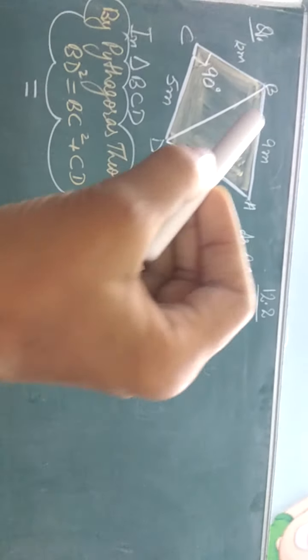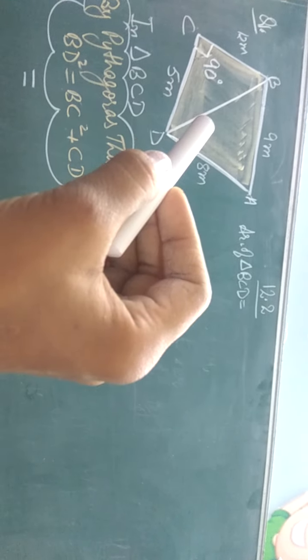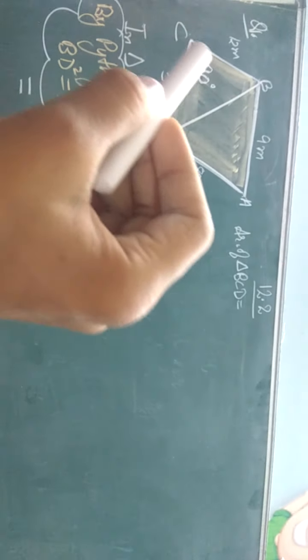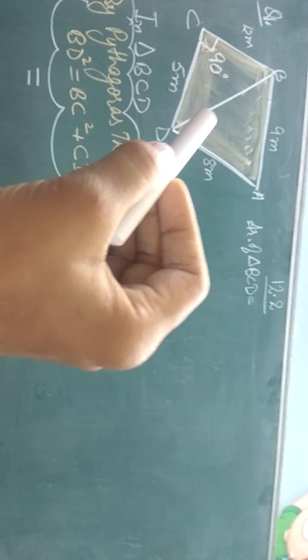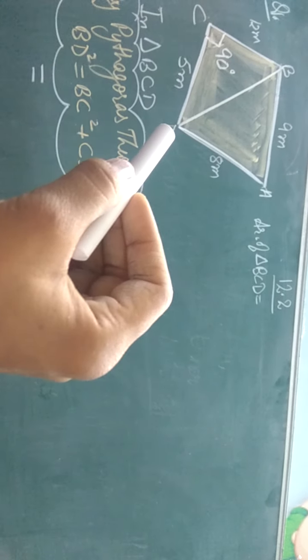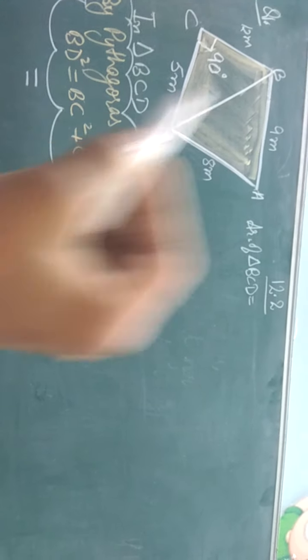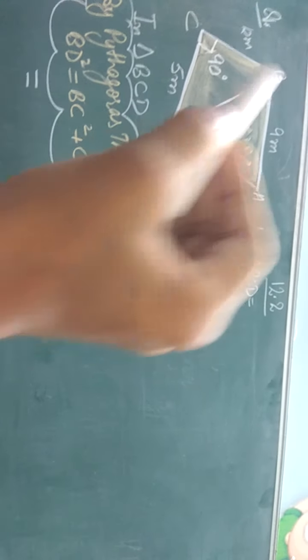So what is Pythagoras theorem? BD square, means hypotenuse square. Which side is hypotenuse? The side which is opposite to 90 degree. So BD square, hypotenuse square, is equal to BC square plus CD square. So let us put the values of BC and CD in this. BC is 12 and CD is 5.